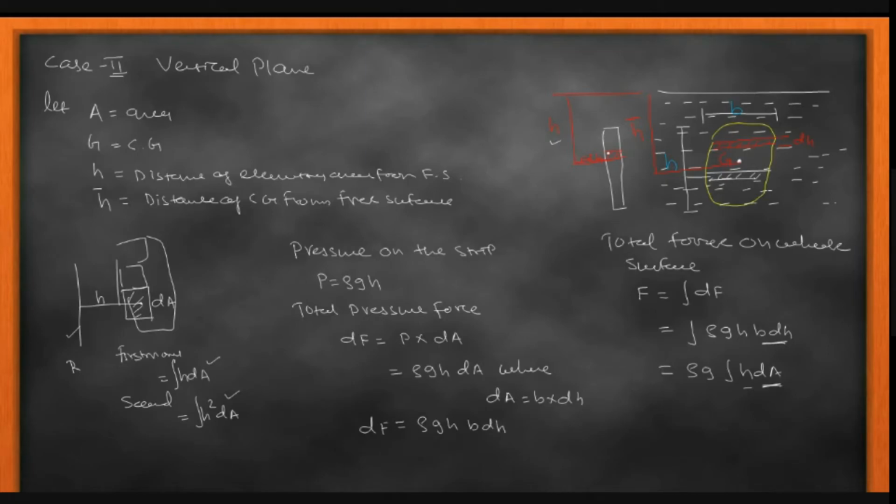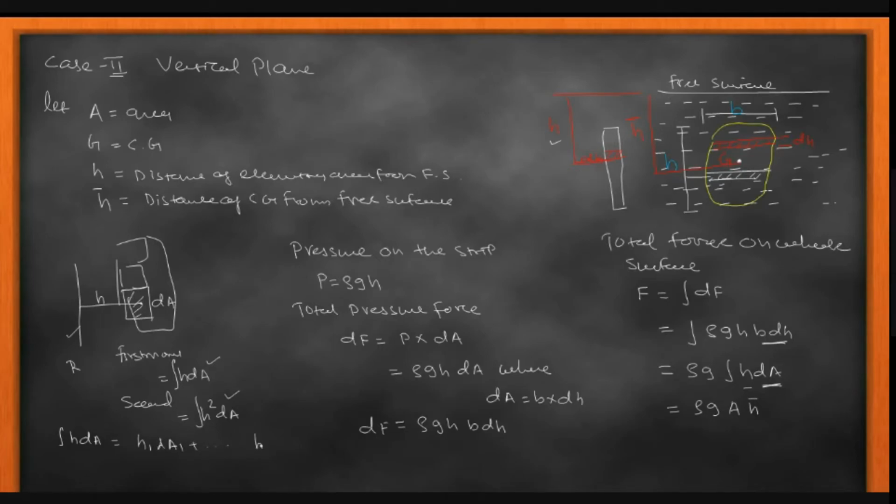So students, here I am taking a small elementary area, and my reference surface is the free surface. So I am taking the moment around the free surface. Here I get the answer rho g into A h cut, because it is the first moment of area. I just want to give you the idea that h into dA means: h1 is the height of the first element and the small area is dA1.